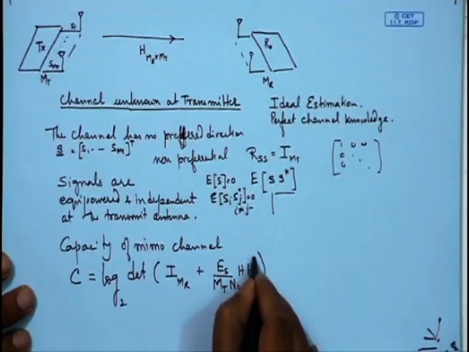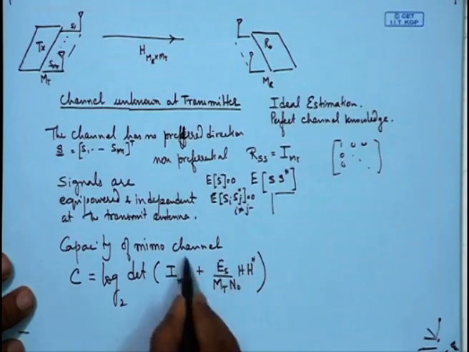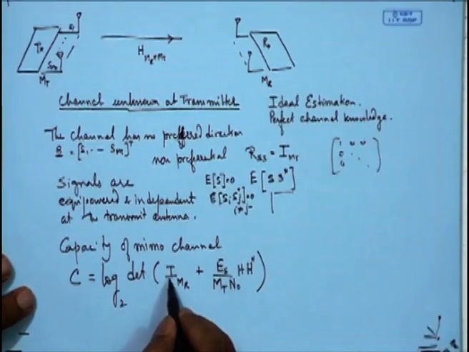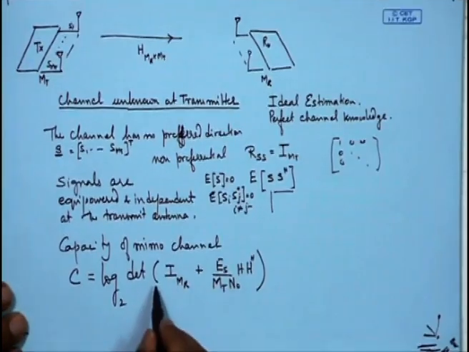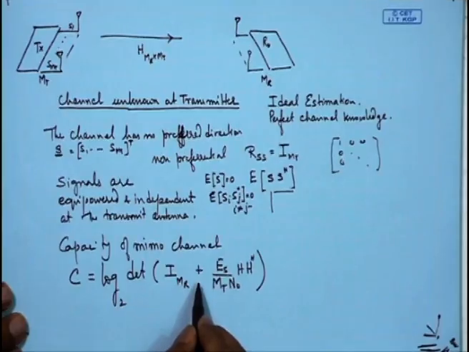So when we write a small h on top, it's the Hermitian and not the channel. So it is not H raised to the power of h. This expression we had derived in the previous lecture. So whatever things we do, it will be based on this particular expression.